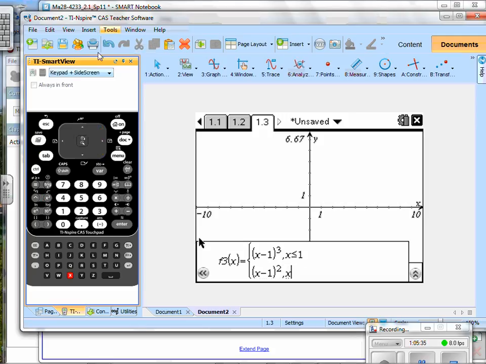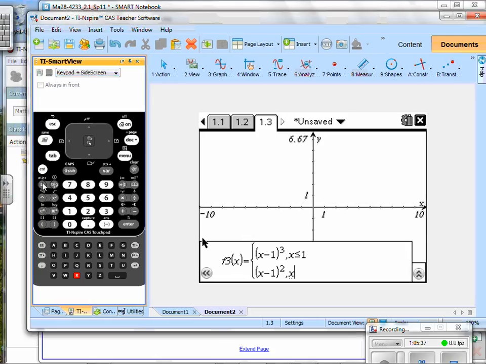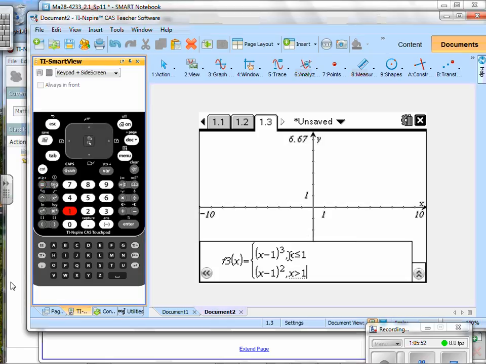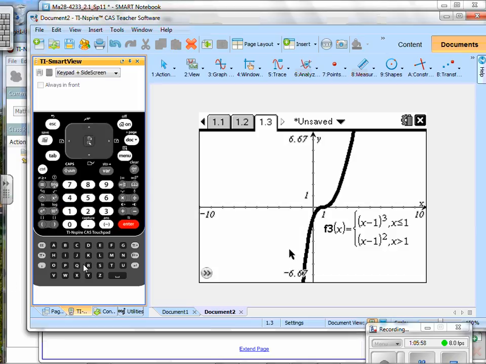If you're on the black model again, you have to do control on the equals, and it brings up a little palette that we need, and this is going to be greater than 1.